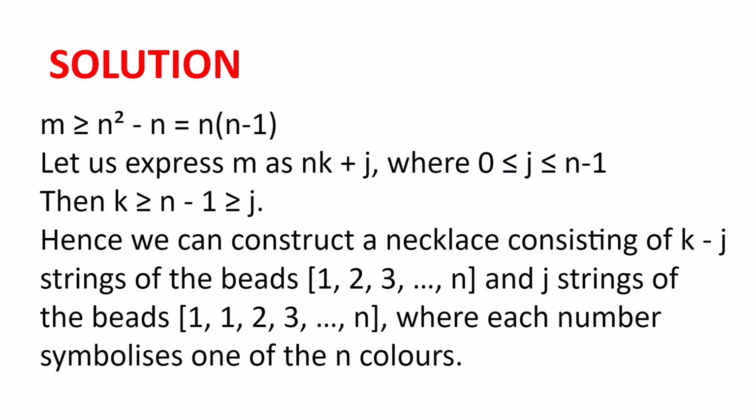And so we can construct a necklace consisting of k minus j strings of the beads 1, 2, 3 to n, and j strings of the beads 1, 1, 2, 3 to n, where each number symbolises one of the n colours. We can indeed check that this will give us m beads, since we have n multiplied by k minus j plus n plus 1 multiplied by j, which is equal to nk plus j.